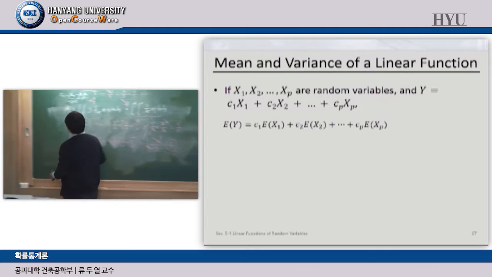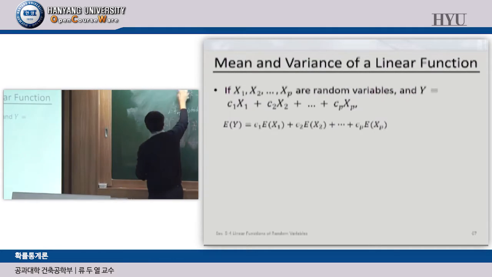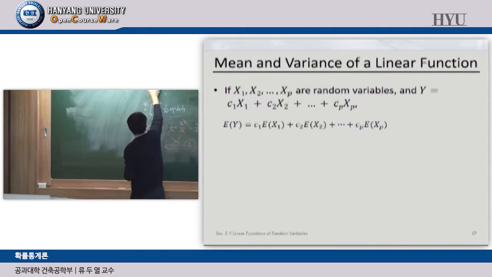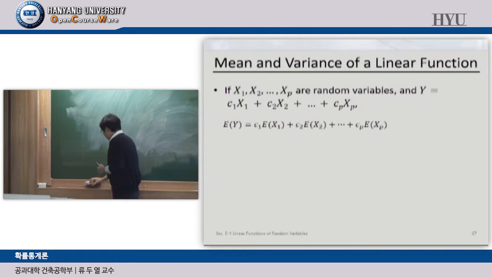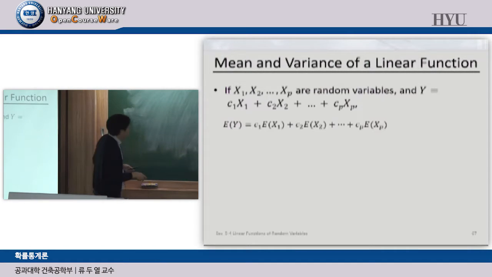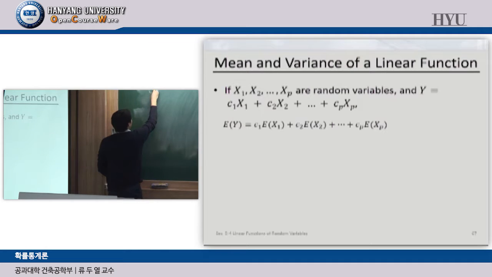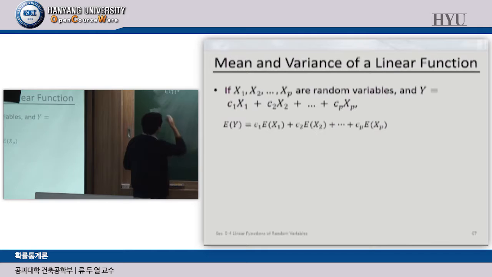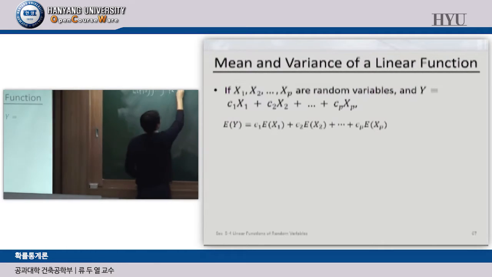And this can be verified based on the following equation. For example, for the case of the continuous random variable, the expectation E(Y) will be the integration of Y multiplied by the joint probability density function.